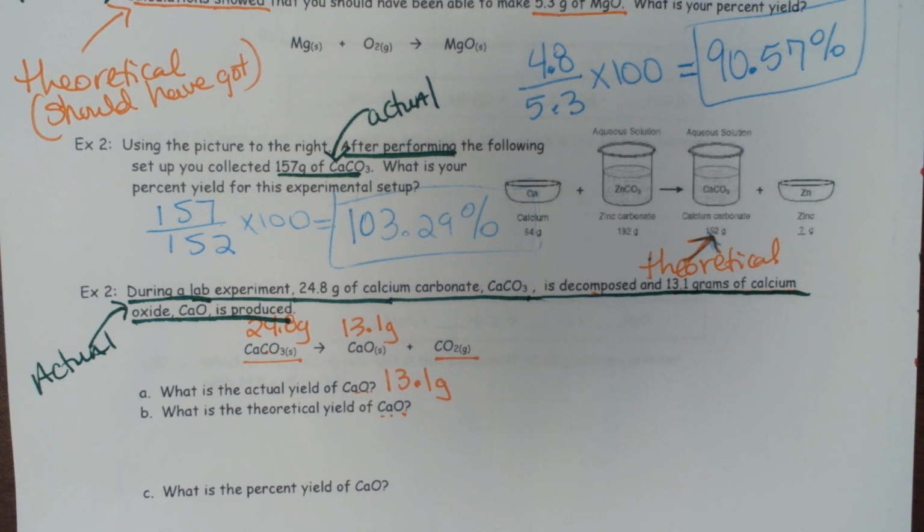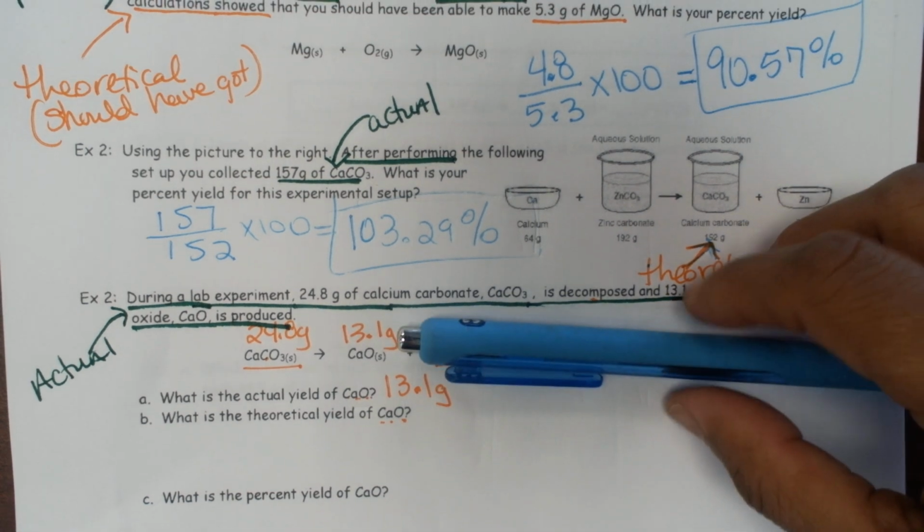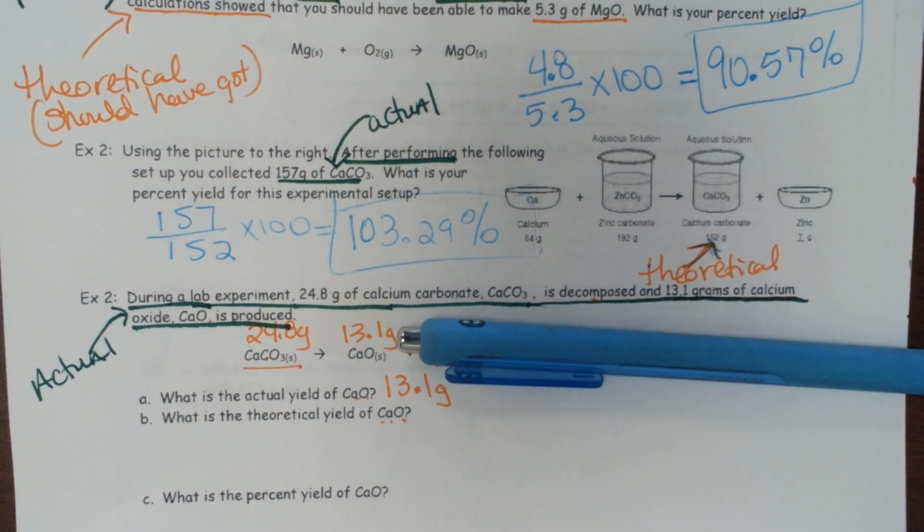The problem, though, is that they want to know what the theoretical yield for CaO is. They don't even care about the CO2. Does that make sense? So even though what she said is great info, they're not even looking at the CO2. Look, I'm going to cover up the CO2 right here. So I covered it up.